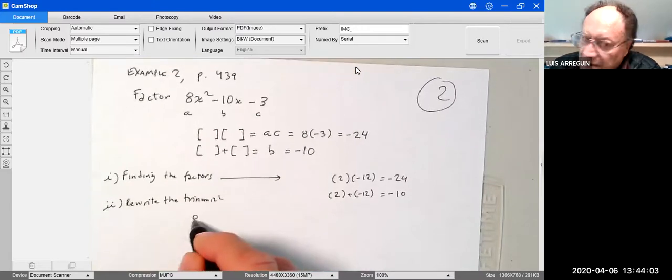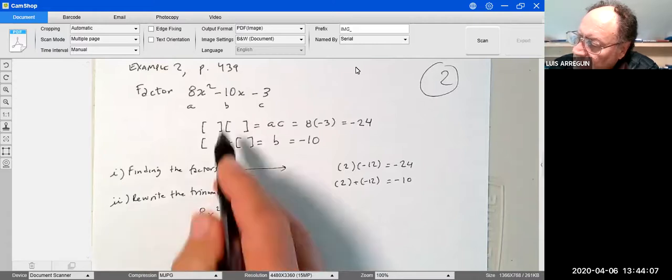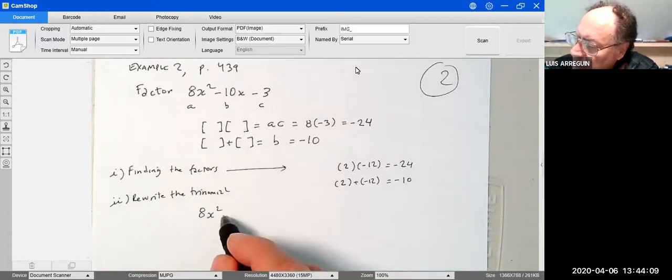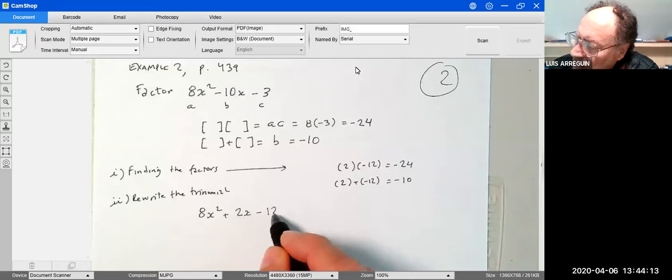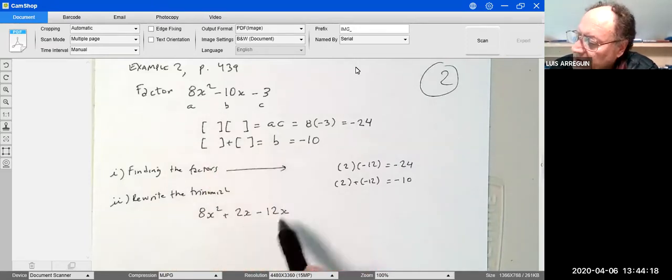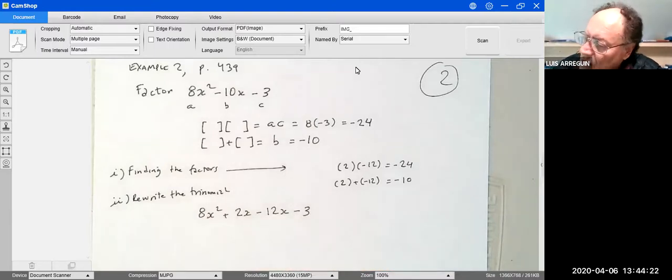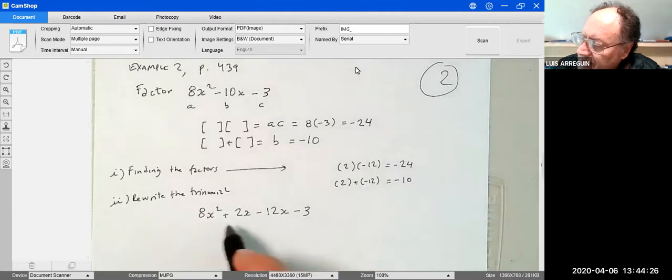The leading term is just a x squared. Then negative 10x is going to be broken by using 2 and negative 12, so 2x minus 12x. That gives me the middle term. And finally the last term. Now I have my trinomial converted into a polynomial of 4 terms.